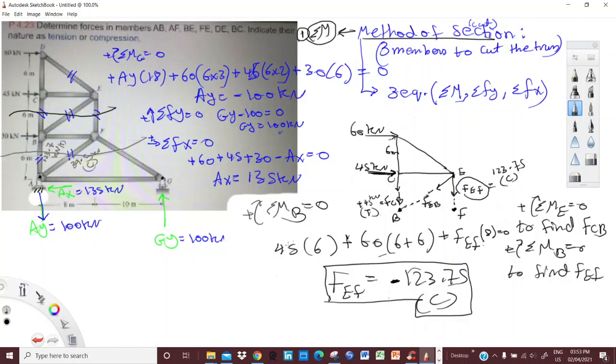If it is negative 45 compression, I make it negative, and since it is clockwise, it's positive. You understand my point, guys?